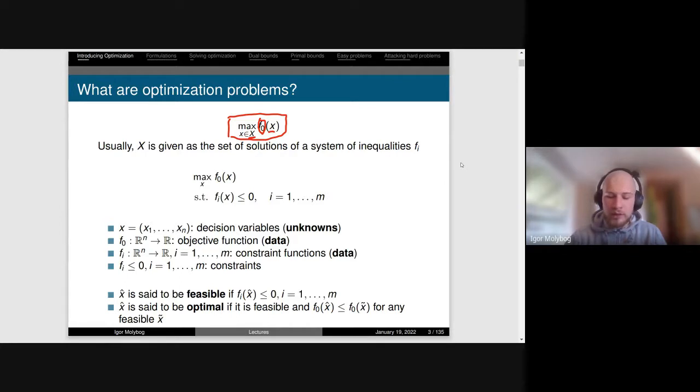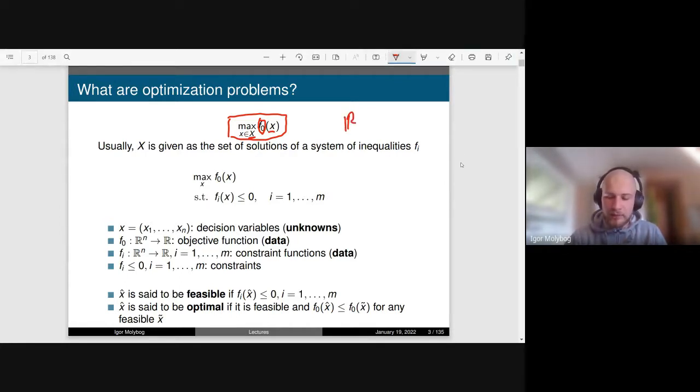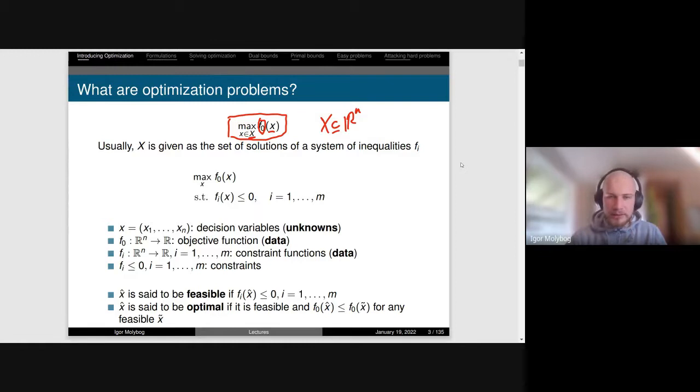We're normally going to be thinking about the domain X as a subset of R^n, and it's going to possess some properties. Usually, X is given to us through a system of inequalities or some verbal description.